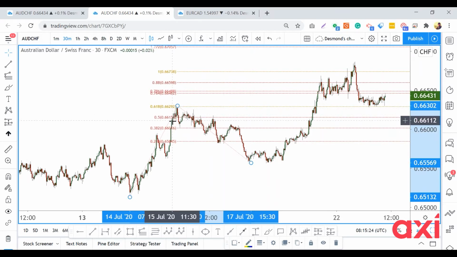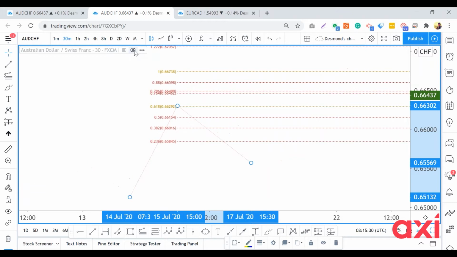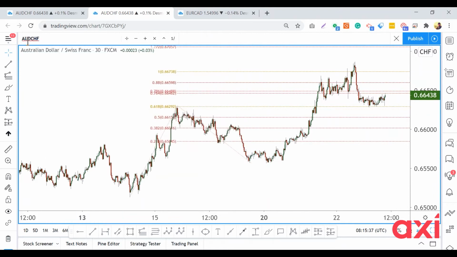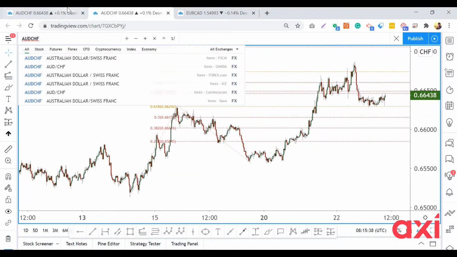It projects, just give me a second. Let me see if I can change the symbol a bit.